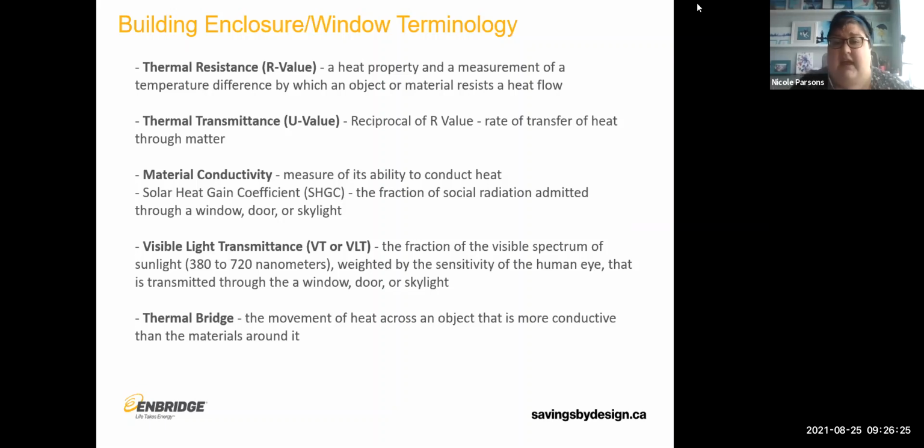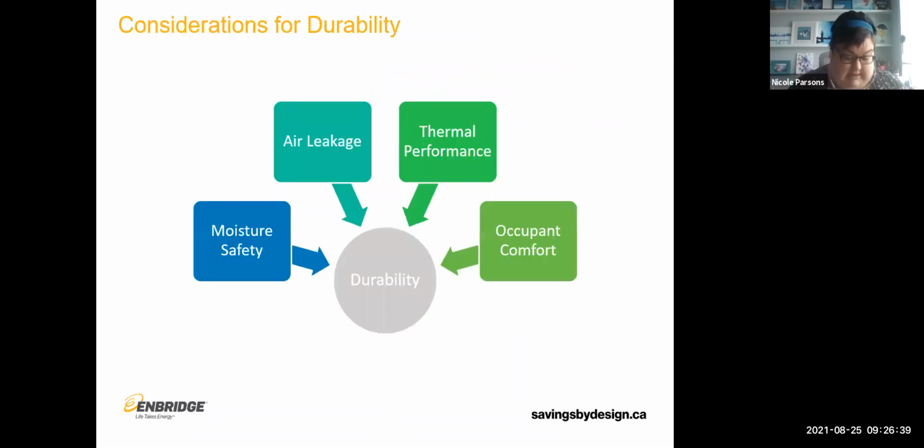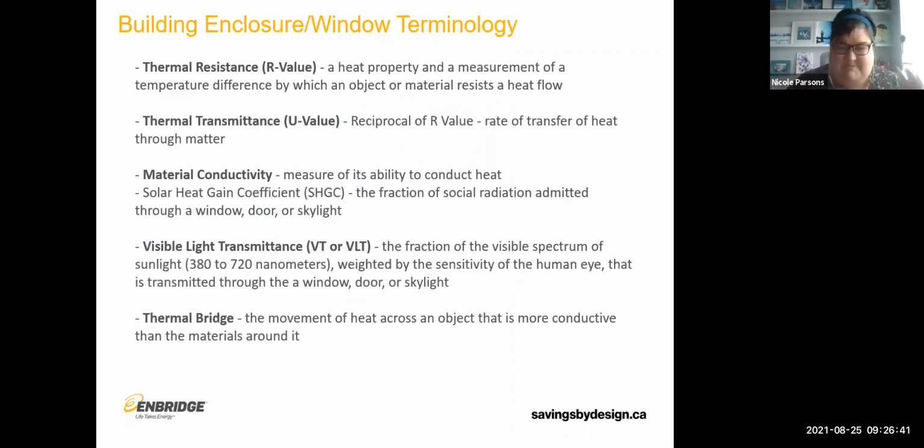Material conductivity, I have alluded to briefly about the aluminum and fiberglass curtain wall sections. So the conductivity is the measure of its ability to conduct heat. So aluminum conducts heat very easily. That's why we have a thermal break of a polymer material to help separate the inside and outside aluminum to minimize that heat transfer.